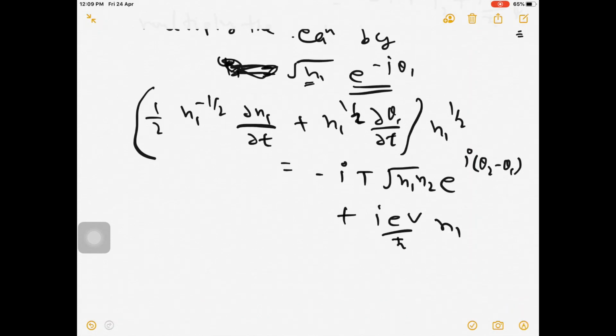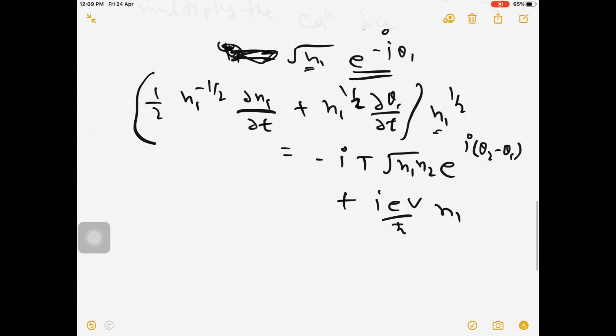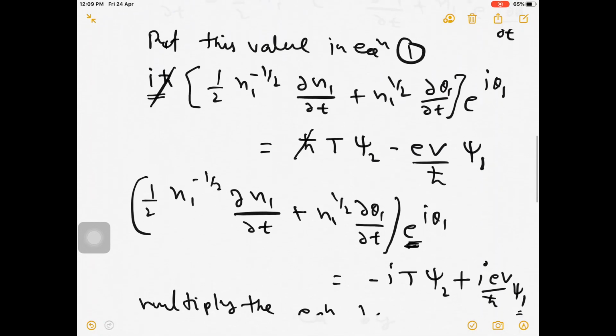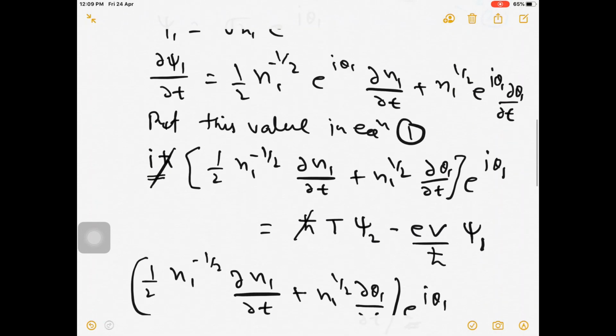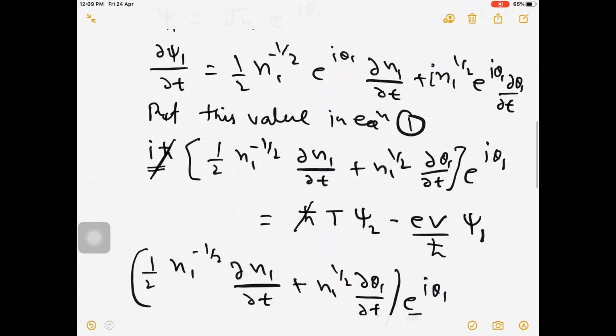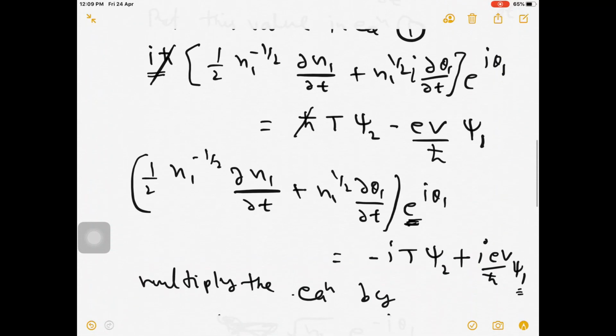So multiplying this term inside, I will get 1 by 2 del n1 divided by del t plus iota n1 del theta 1 divided by del t. I forgot writing iota here, because when I differentiate with respect to theta, this iota will come here.